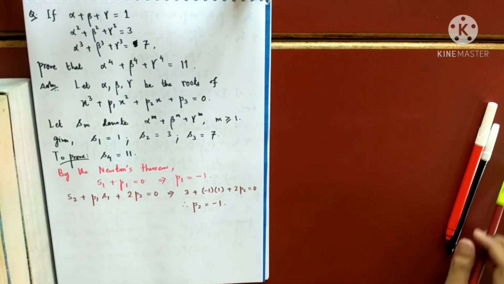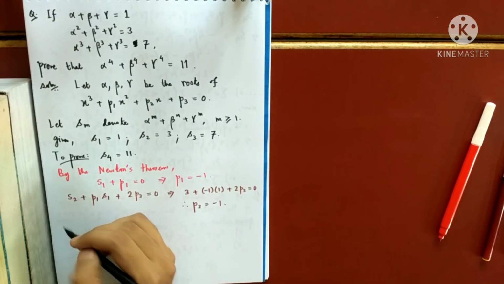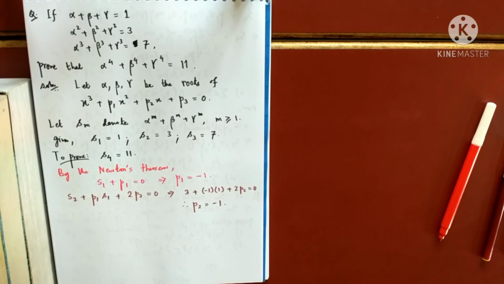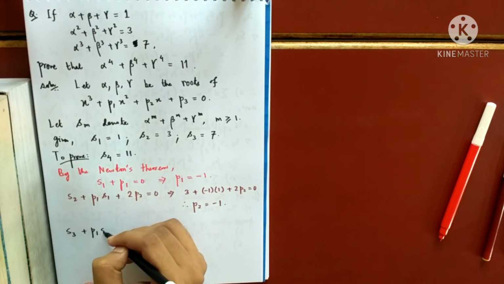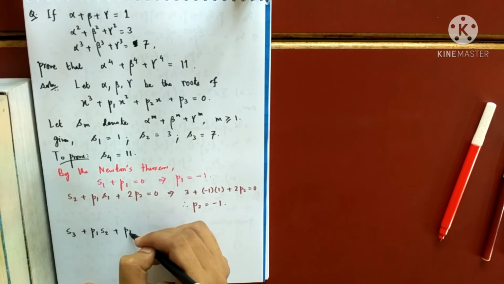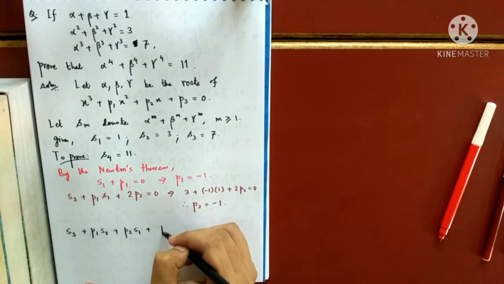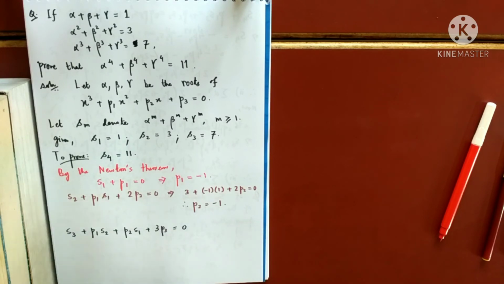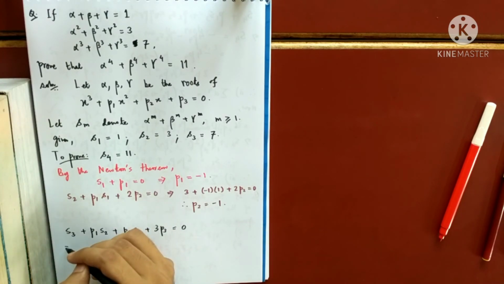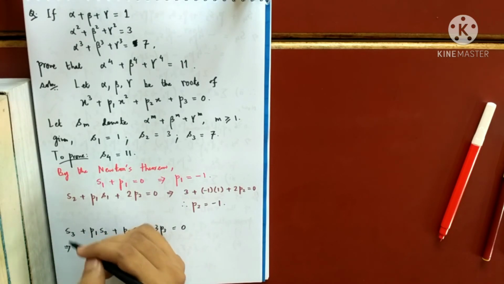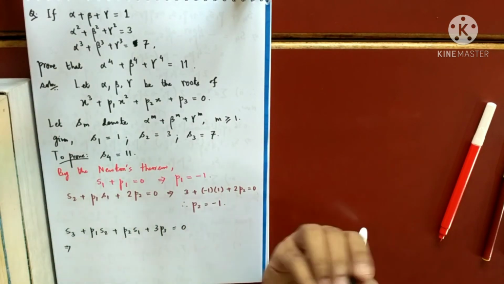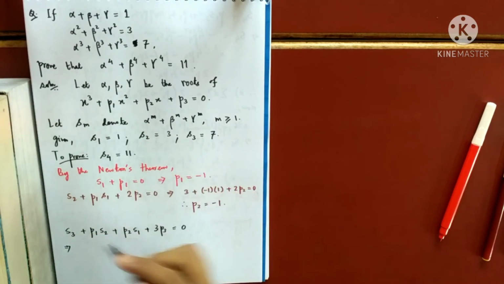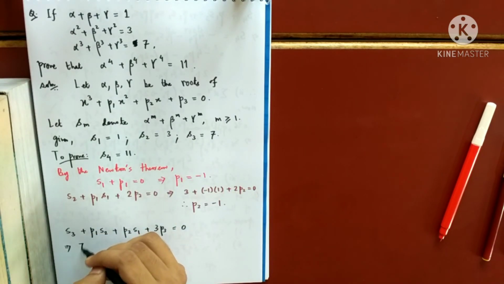Let's quickly find P3 then. So what I have is S3 plus P1 S2 plus P2 S1 plus P3 S0, where instead of S0 I will take 3 now. This is equals to 0. So let's solve for P3 from here. S3 is given to be 7, right?